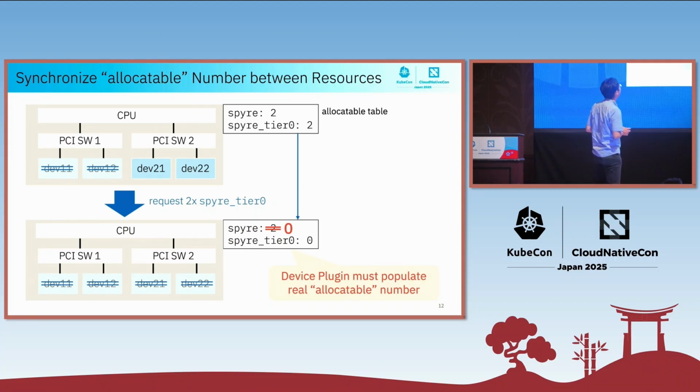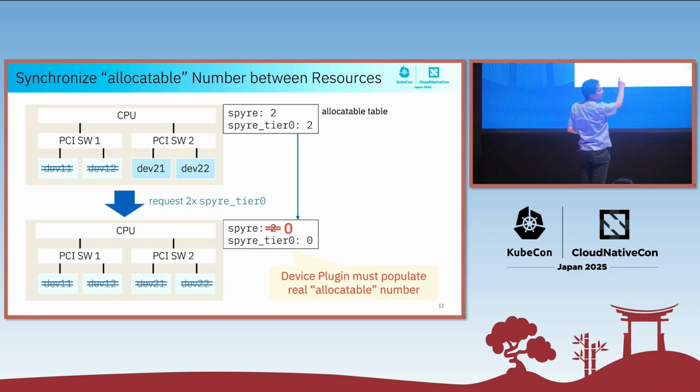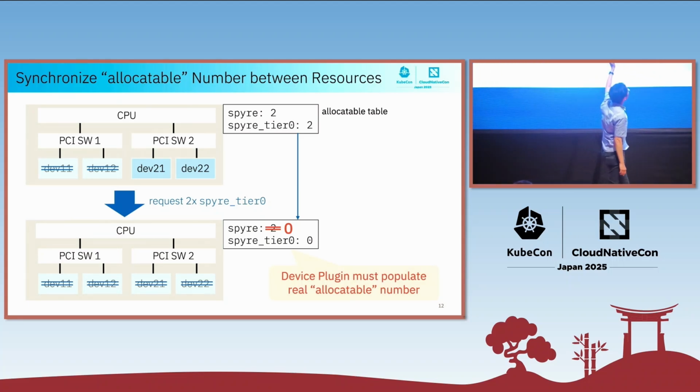Let's consider an example. In the initial situation, we have 2 remaining devices, and let's assume that a user requests 2 Spire devices, 2 tier 0 devices. These dev21 and dev22 are under the same PCI switch, so the request can be achieved. So the number of remaining devices goes from 2 to 0.